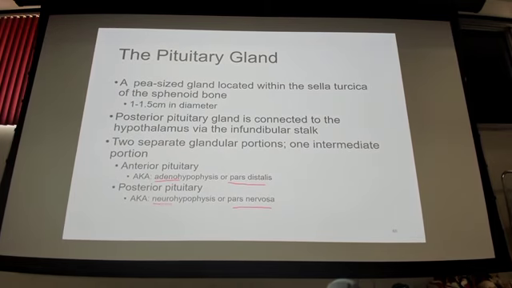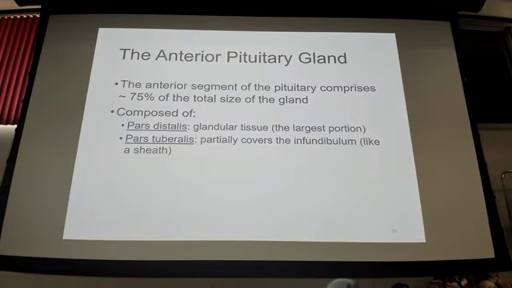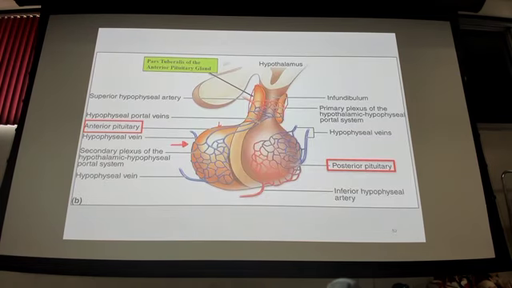Pars nervosa is the posterior. Pars distalis is the anterior. Why is it called pars distalis? Probably because it's farthest away from the hypothalamus. That's the best I can do for that one. And yes, I think this is the slide you were referring to, the main portion.